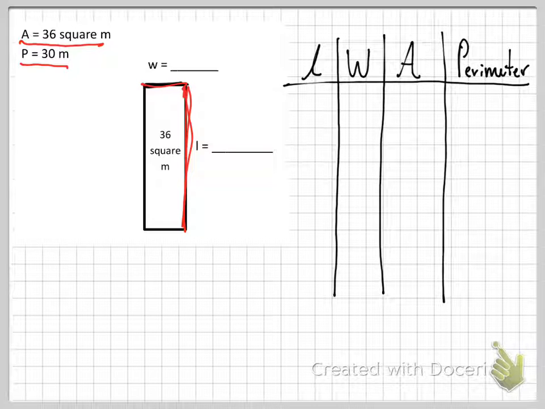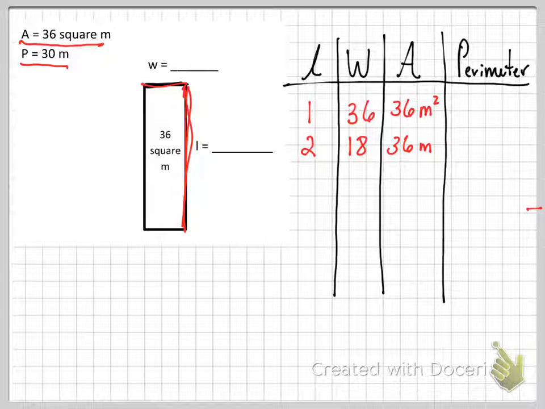So let's think about all the different ways that we can multiply to get the area of 36 meters squared. Well, let's remember our multiplication facts. We have 1 times 36. We have 2 times 18 gives us 36 meters squared.